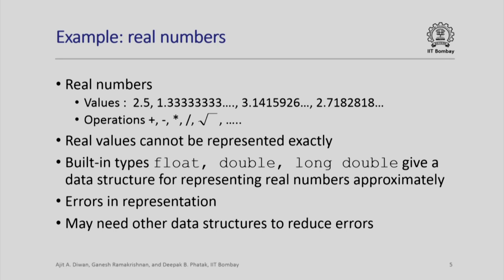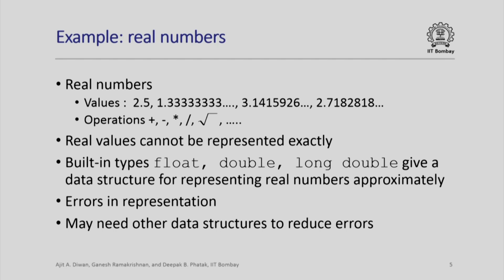Each real value has an infinite decimal expansion, and there is no way you can write down all those infinite digits exactly. So, real numbers in fact cannot be represented exactly inside the computer. However, we think of real numbers as abstract objects with certain properties, and we can work with real numbers as easily as we work with integers.